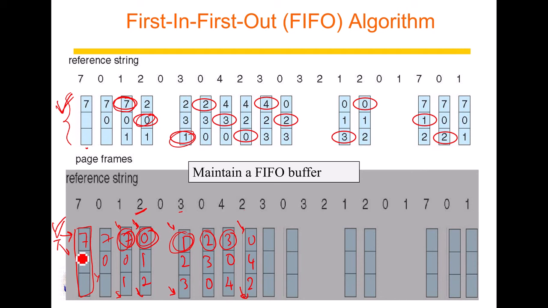I'm not actually copying these frames into the other frames. It's just a data structure which helps me keep track of which pages need to be in the physical memory and which pages need to be swapped out, according to first in first out. So either output will be fine, and I usually prefer that one because it is easy to follow what's going on. It's very hard to keep track of the counters.